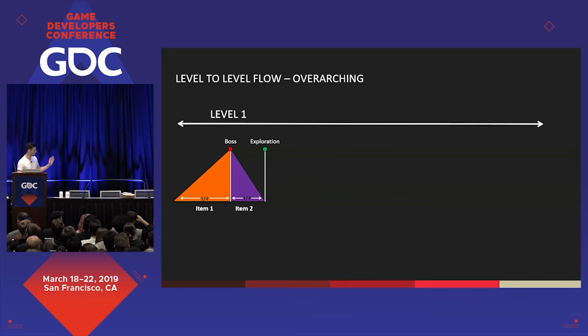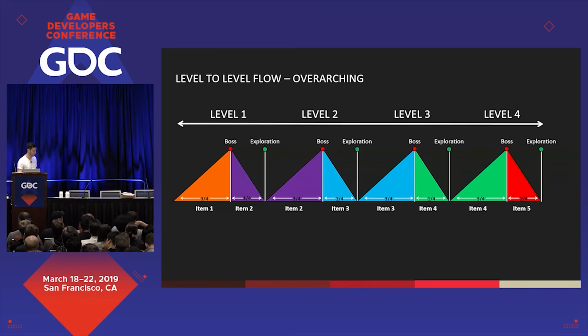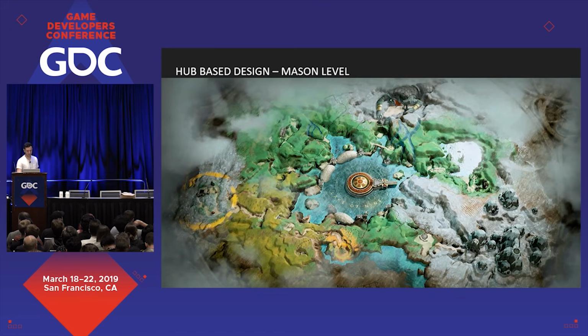And remember before, our level-to-level flow: establish a theme, hit a key turning point, earn a new ability or item, get a clear exploration break, continue, continue, continue. Let's run this against the stonemason level. In the previous level, the player goes up to the mountains, and they use the previous level's mechanic, which in this case, let's just call it orange to avoid spoilers.